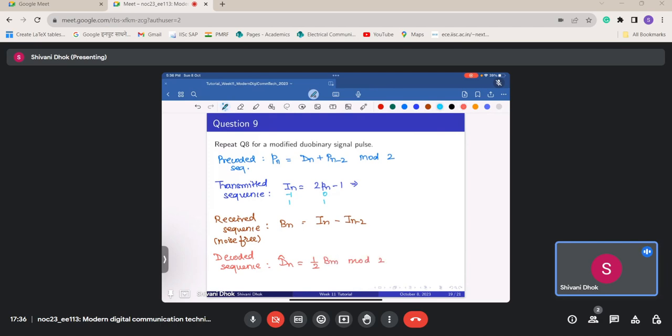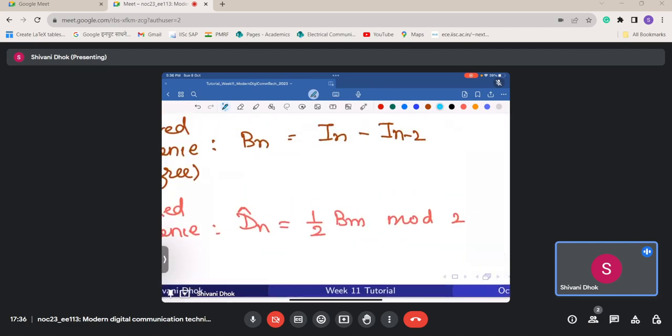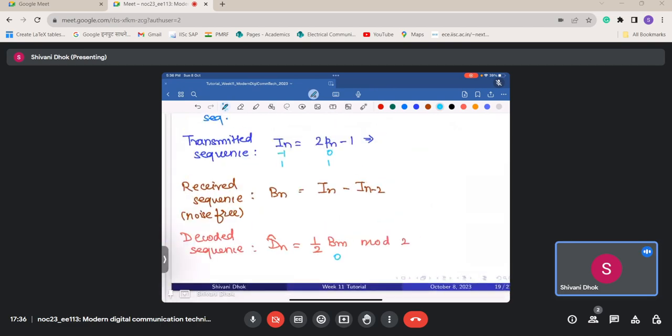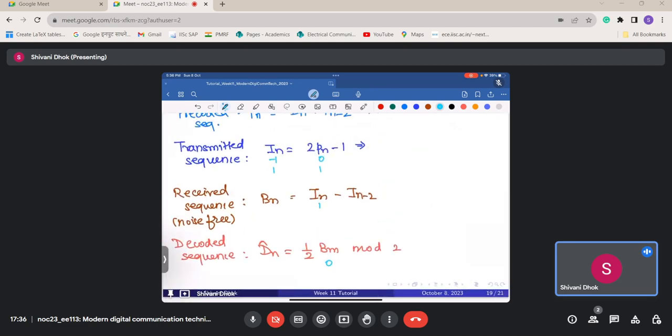Now let us see the possibilities for this. In can take value 1 or minus 1, so this Bn can take value 0, 2 and minus 2. I hope that is clear. If Bn is 0, then your dn hat will be 0.